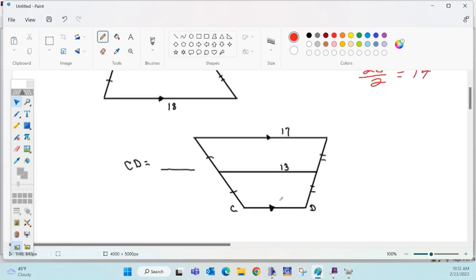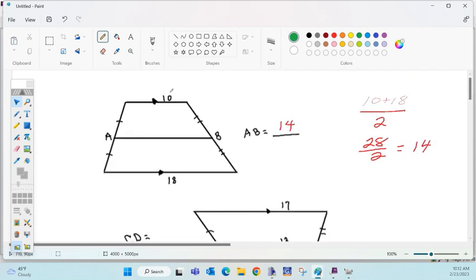CD is our missing piece. For those of you that like algebra, or even if you don't, I'm going to tell you the easiest thing is to give that a variable, so we can call it X or whatever your favorite variable is. And we need to set up an equation.